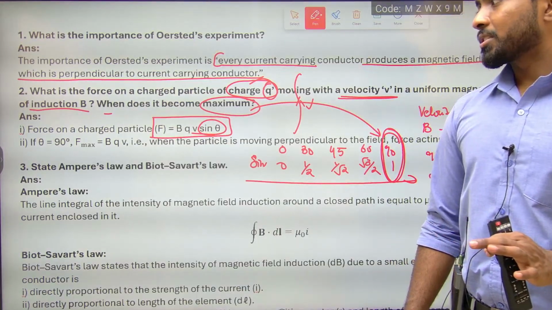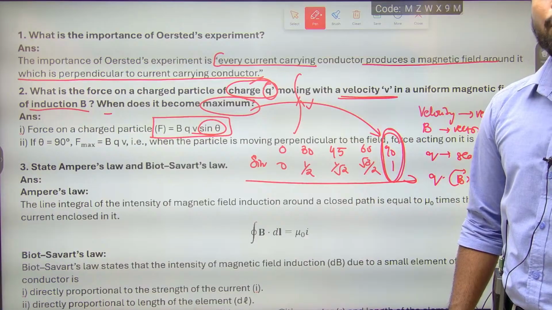And what about the next question? State Ampere's law and Biot-Savart's law. Two laws.